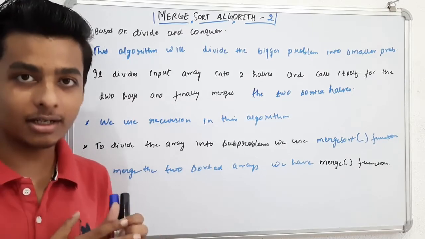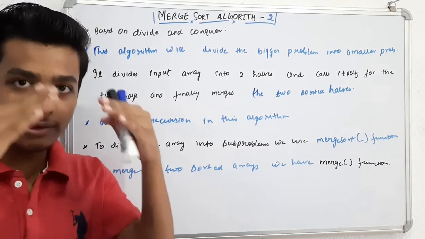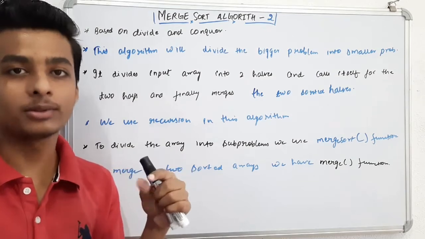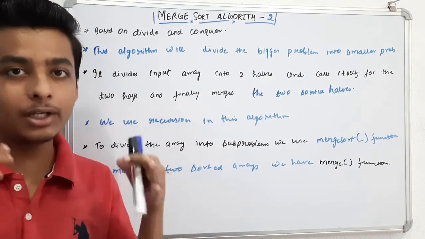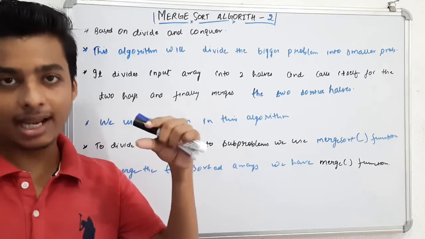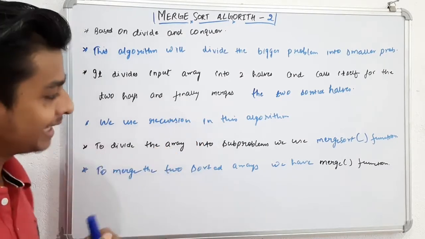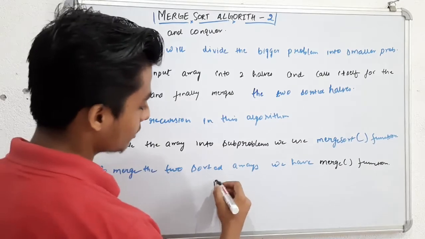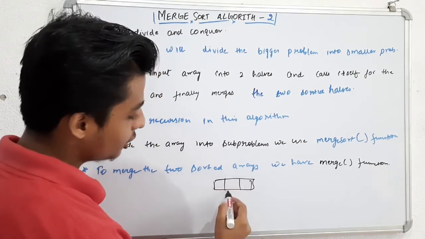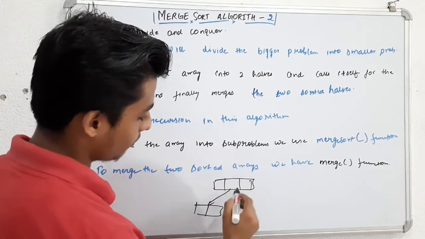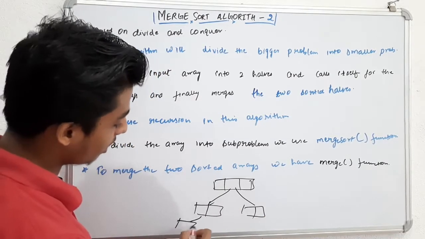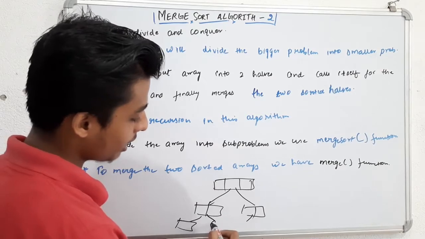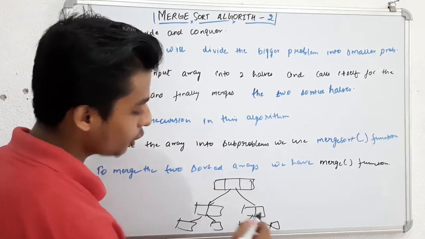So in divide and conquer, you have an array of size n. You divide that problem into smaller subproblems. Say you have an array of size n, you divide that problem into arrays of size n by 2 and n by 2. Again you further divide those into n by 2 and n by 2, and you keep on doing that.